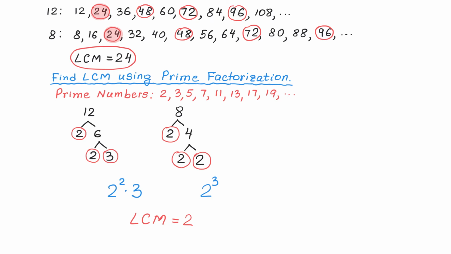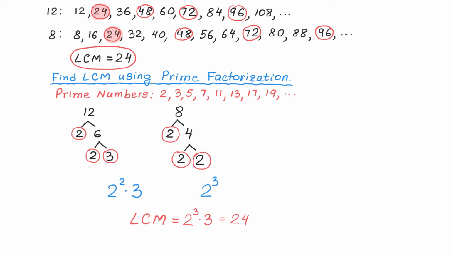And the largest exponent we see for 2 is 3. So we will bring down 2 to the third power. Then another factor that we have is 3. Then 2 cubed is 8, and 8 times 3 is 24. So then the least common multiple is 24. So we got the same result as in the method used above.